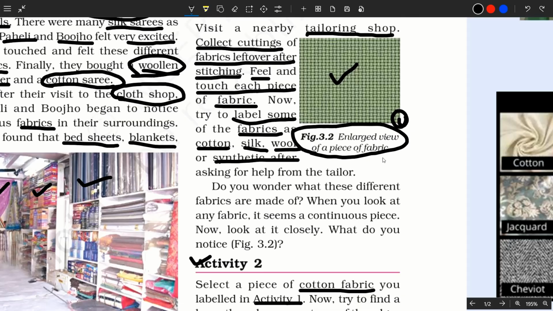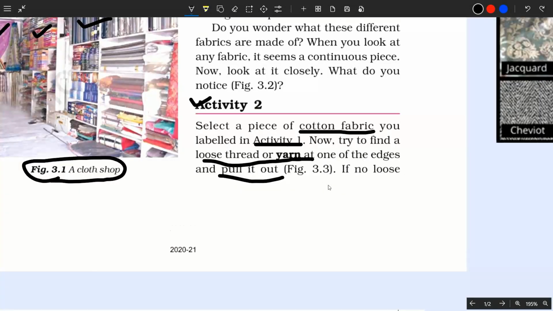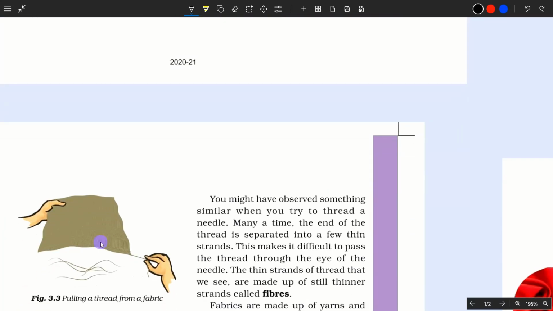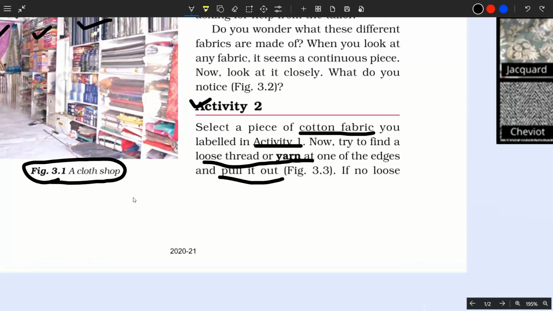Then pull it from the edge as shown in figure 3.3. You have to take the cotton cloth and do it. I will show you how it looks.